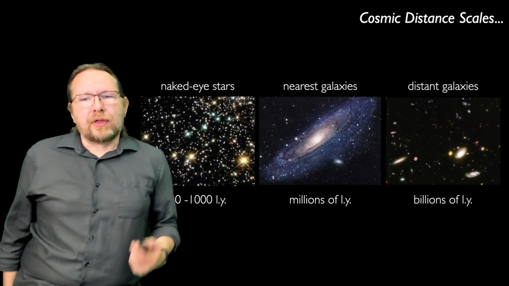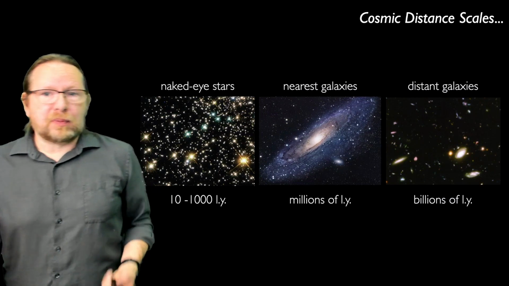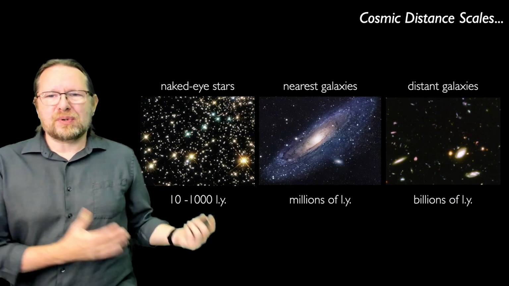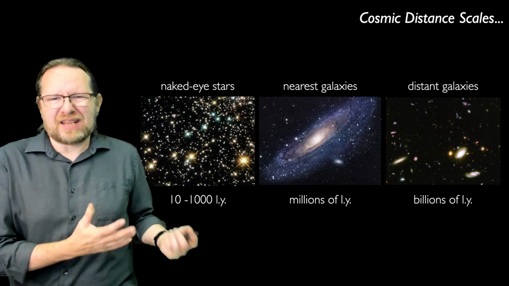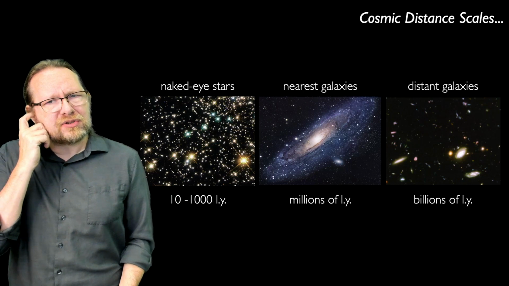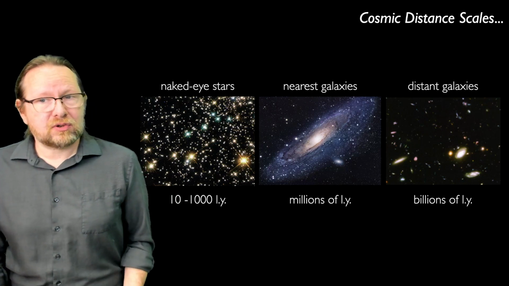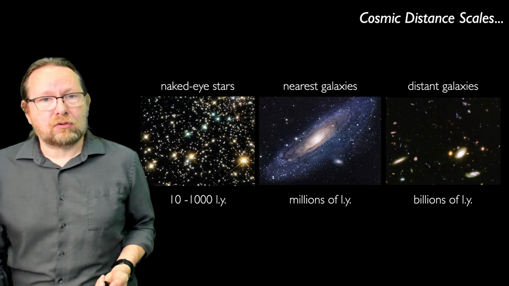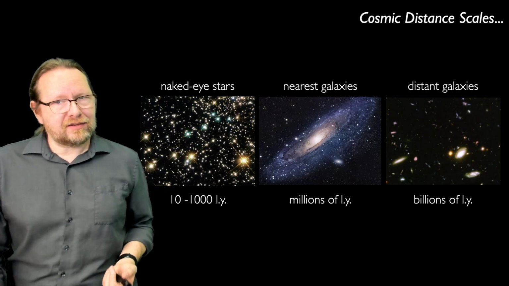So, the stars that we can see in the sky, when we go out at night, go someplace dark, look up in the sky, we see a bunch of stars. Those stars are between tens of light years away, up to maybe the dimmest stars you see in the sky might be 1,000 light years away. The nearest galaxies, like Andromeda and the other galaxies in our local group, are millions of light years away.